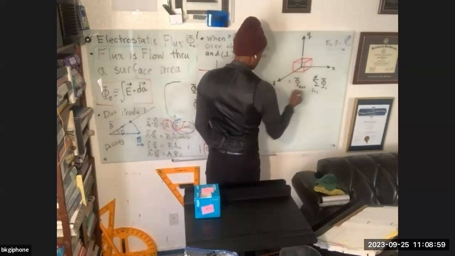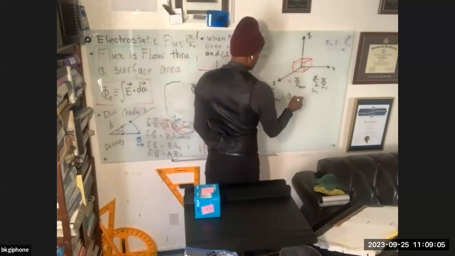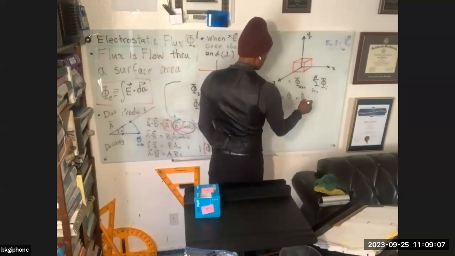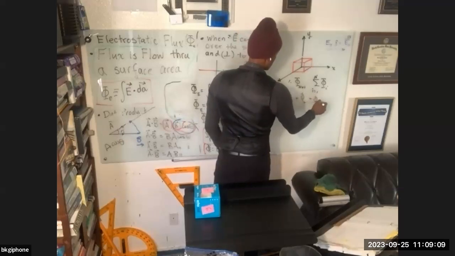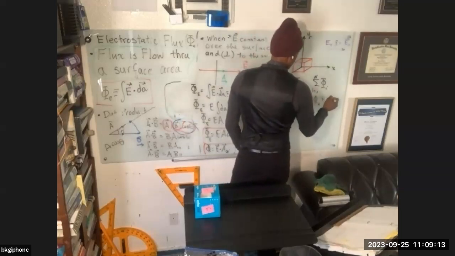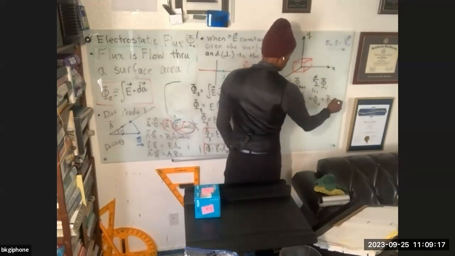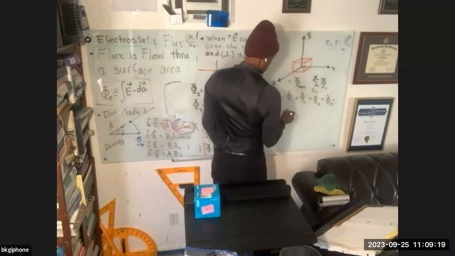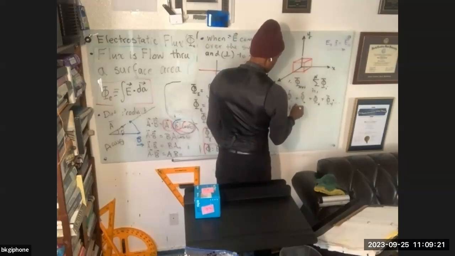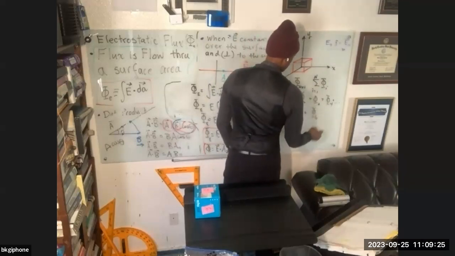So the net flux is going to be equal to flux 1 plus flux 2 plus flux 3 plus flux 4 plus flux 5 plus flux 6.